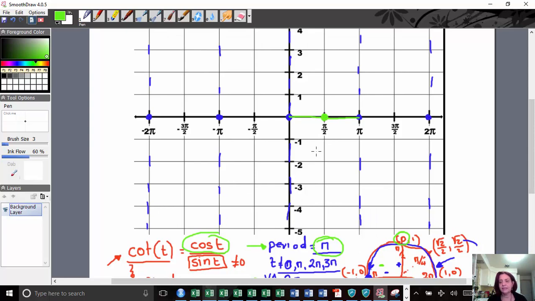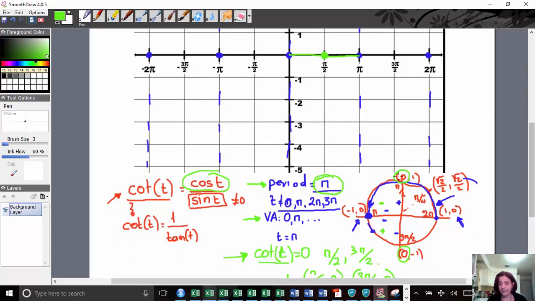This means that the curve crosses the x-axis, the t-axis, the horizontal axis, at pi half, right here. This is going to be an x-intercept, and only this. We also know, as we said before, that before it reaches pi, the cotangent is going to be negative, while after it reaches pi, it's going to be positive.